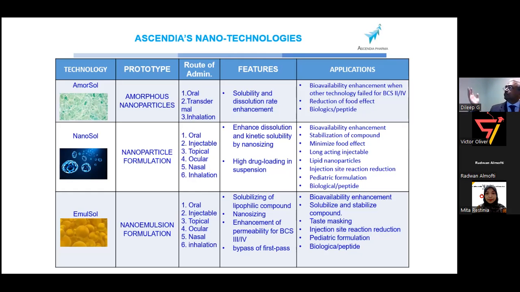And the key is, of course, the application to increase solubility and bioavailability. Some can be used in long-acting injectable products as well, right? So if you're using IV or intramuscular, how it's going to be absorbed. But if you are taking it through the GI tract, taking tablets, capsules, then of course bioavailability is also challenged, right? And we can also have it for taste masking.